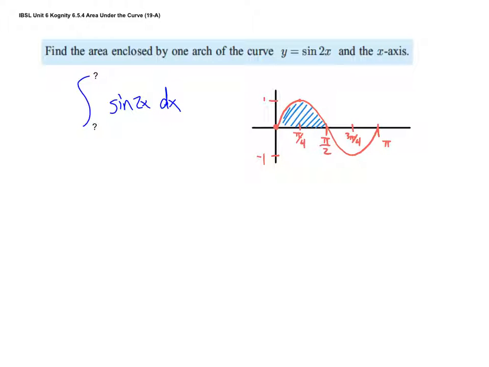So that's what that 2 tells us, the period. And if you remember the relationship, it's always 2 pi divided by that number b. We usually used b for that, 2 pi over b. So 2 pi over 2 is just pi.